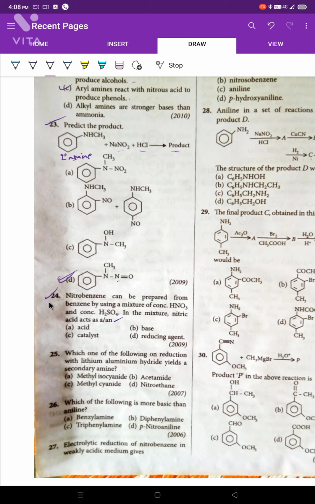Next, what is the answer for question number 24? Nitrobenzene can be prepared from benzene by using a mixture of HNO3 and H2SO4. In this mixture, nitric acid acts as what?